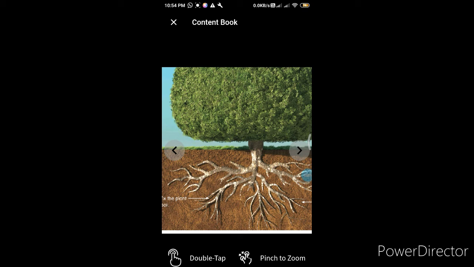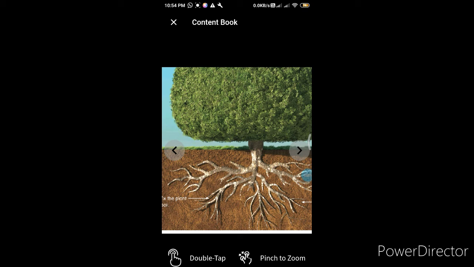And the second function, they are absorbing water and nutrients from the soil and sending them to the other parts of the plant. And third one, a carrot root is also storing food. So these are the three main functions carrot roots are performing. You can write those three functions, each on one line, with a number, children.